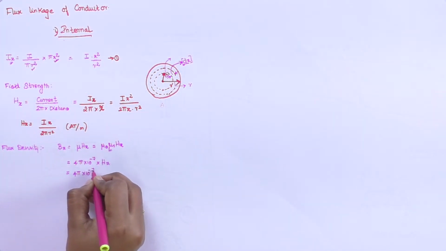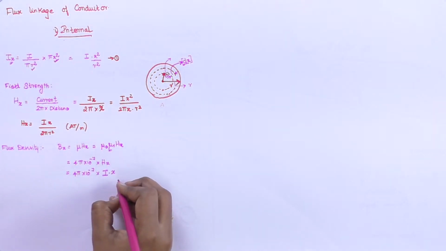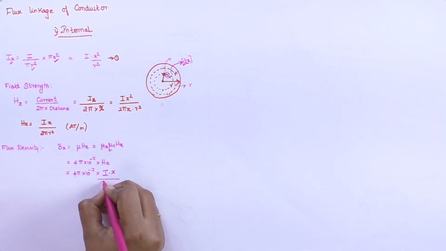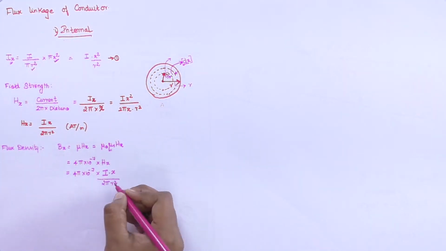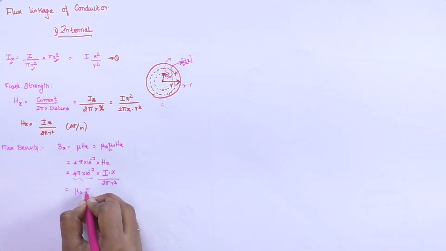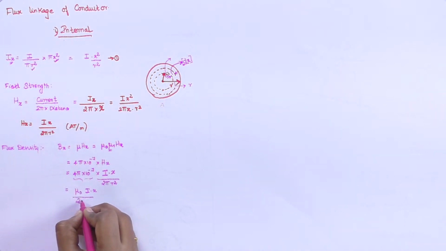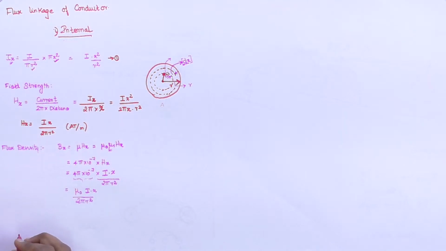So 4 pi into 10 to the power minus 7 into I into x, don't confuse with I suffix x, divided by 2 pi r square. Cancelling the pi terms, for simplification I can take it as mu naught again. So Bx is mu naught I x divided by 2 pi r square. Okay, we have calculated the flux density.